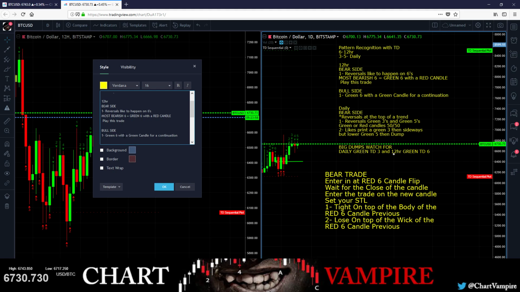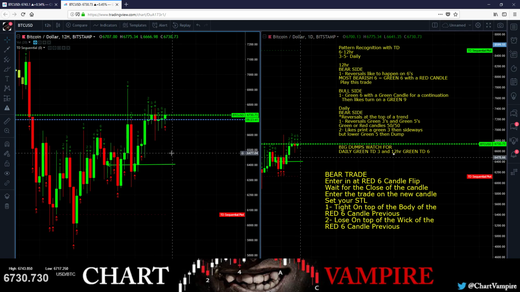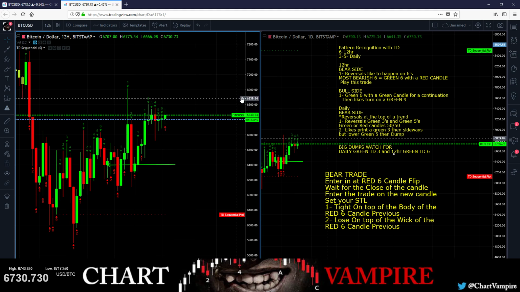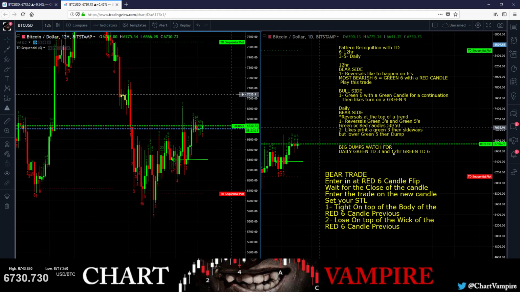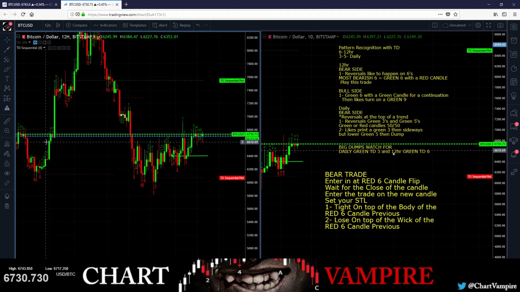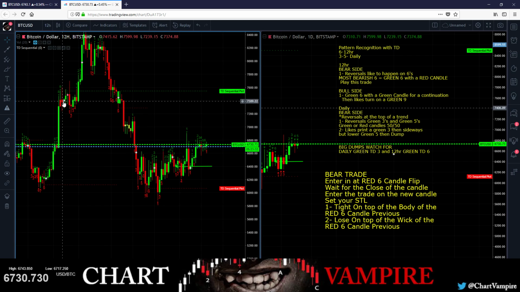And then this likes to turn on a green 9. So it loves to print up this green 6 here. So you see there's the green 6, and then this flipped all the way up to that green 9.